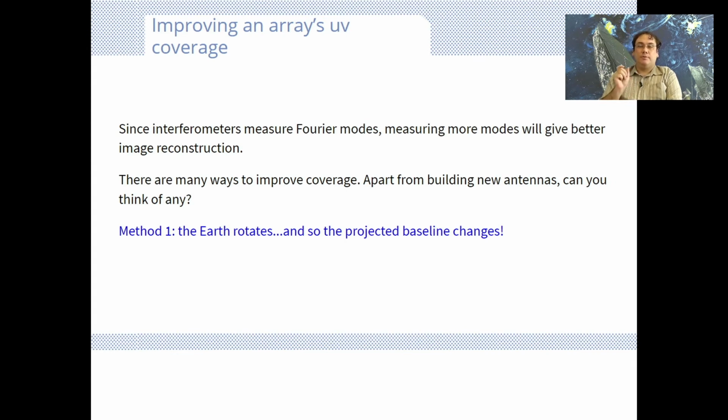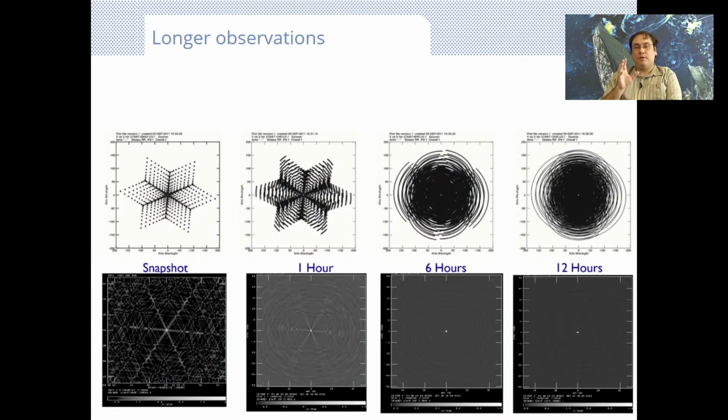So now these will take different spatial frequency samples for us. So by allowing the sky to rotate for an extended period of time, so hours, we can steadily build up more and more unique samples within this UV space.